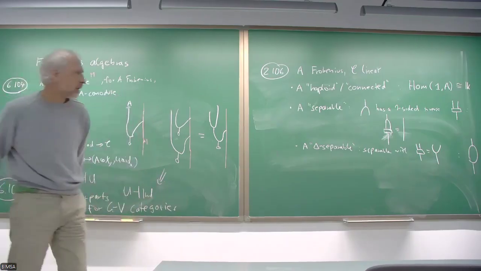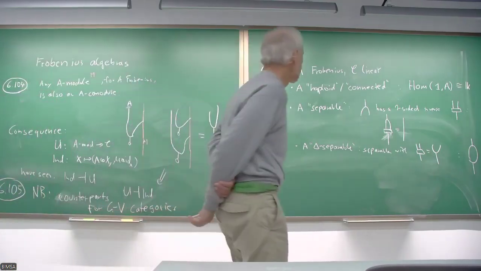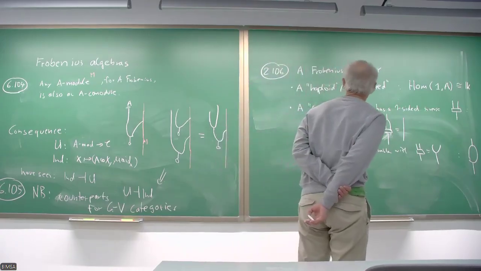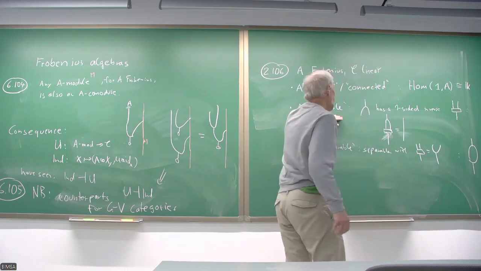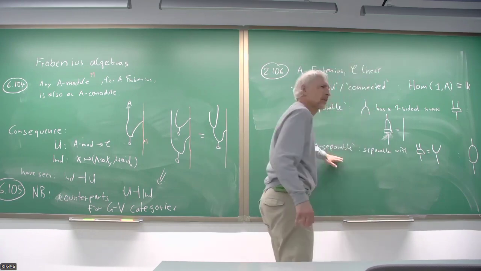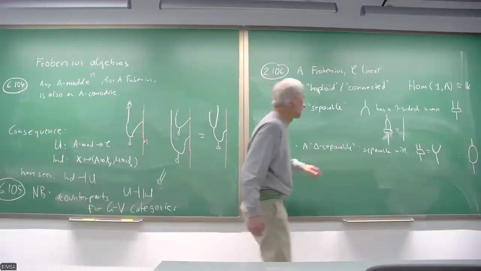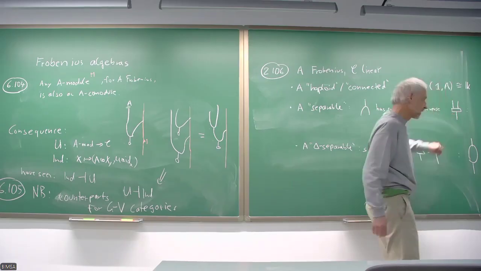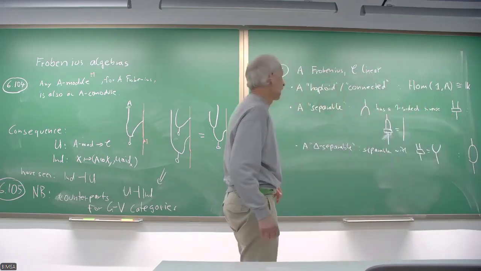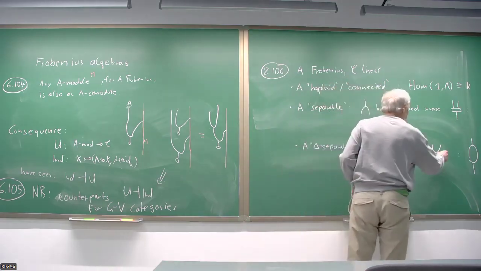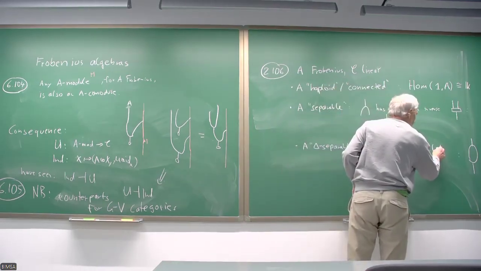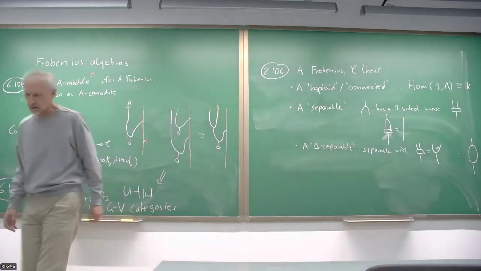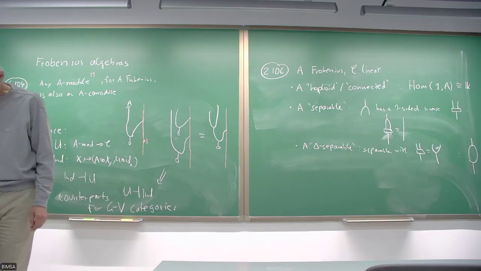Actually, one can show that under some mild conditions, which I don't remember, separable is almost the same as delta separable, namely this morphism that has to exist can then be derived by being the co-product together with acting with one particular invertible element on one of the lines. But we will not need that.